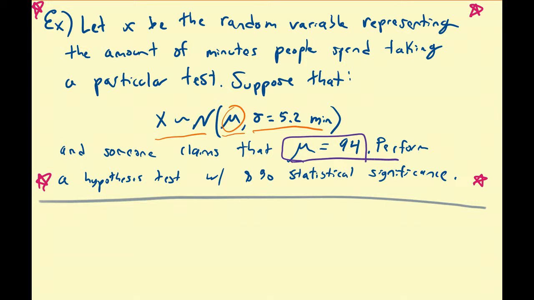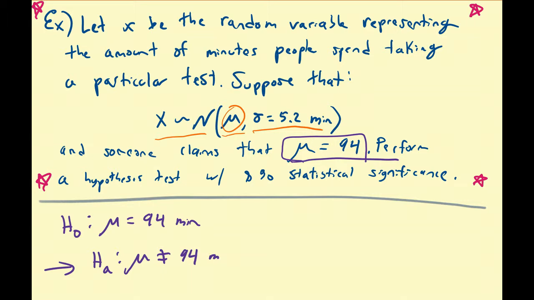We're given that the null hypothesis, H0, is that mu, or the mean of this population, is equal to 94 minutes. We're going to use the alternative hypothesis, for the sake of this example, that mu does not equal 94 minutes, because it could be less, it could be more. Let us assume we don't have any prior knowledge of this problem.